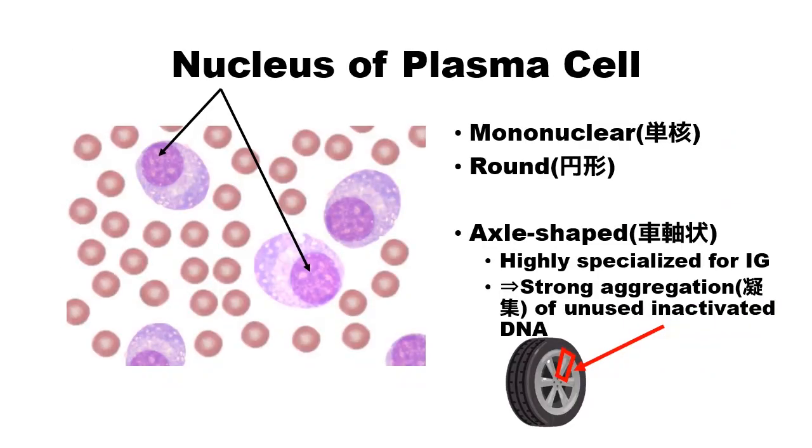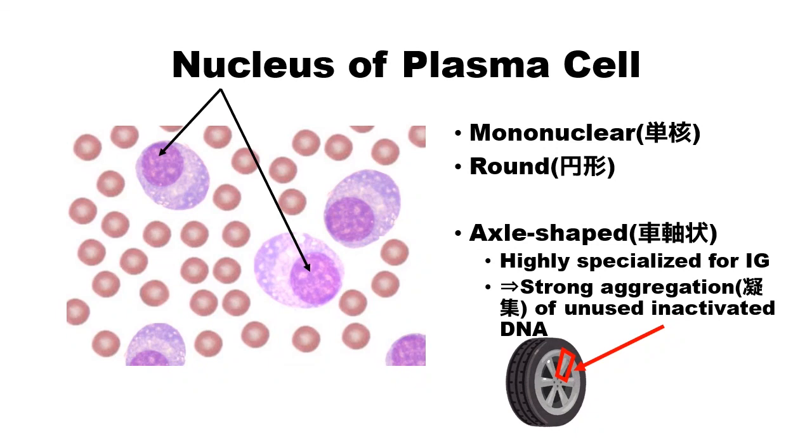Plasma cells have a single round nucleus. When viewed with HE staining, the axle-shaped nucleus is visible. Although all genetic information is incorporated in DNA, in multicellular organisms, not all genetic information is used in a single cell.